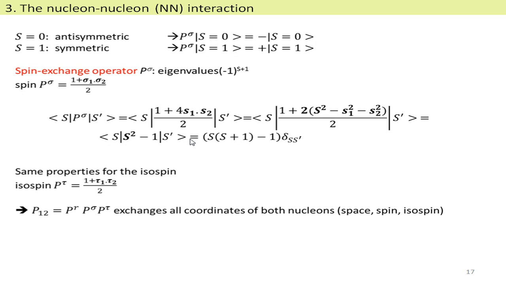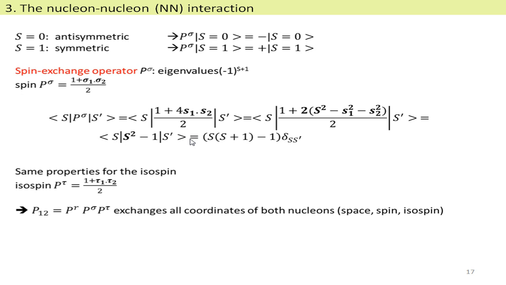And then the eigenvalues of S square are S times S plus 1. S1 square and S2 square provide 3/4. So the eigenvalues are 1/2 times 3/2, so it's 3/4.